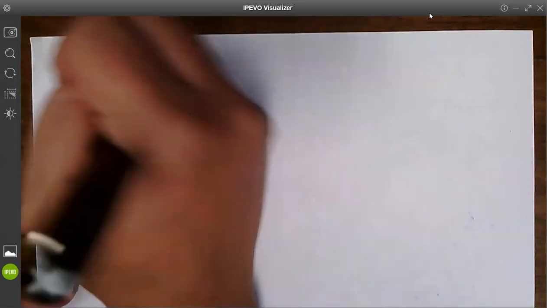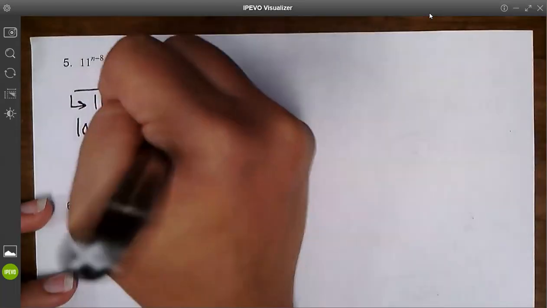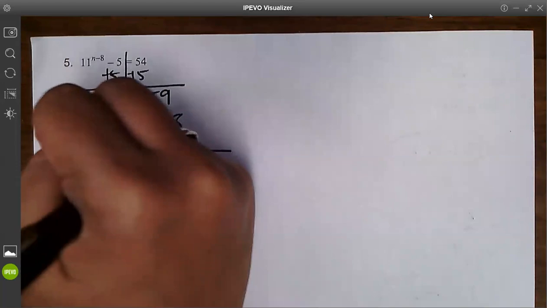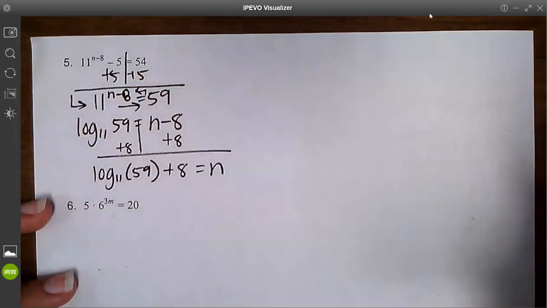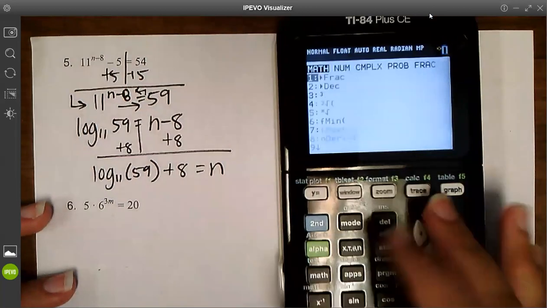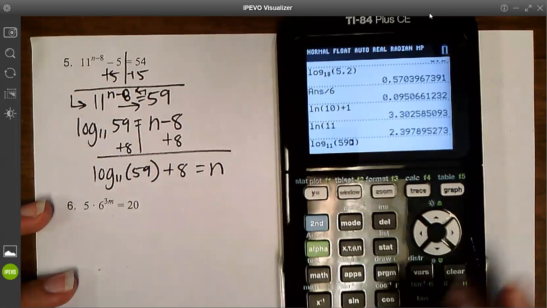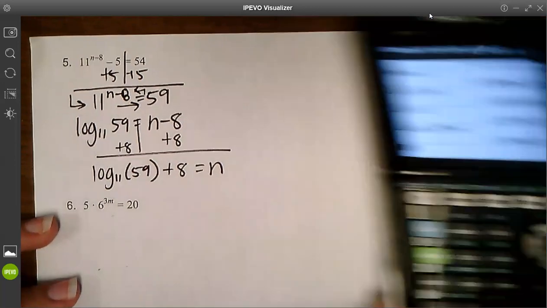Log base 11 of 59 equals n minus 8. Add my 8 to both sides. So I have log base 11 of 59 plus 8 equals n. Parentheses are huge here. Log base 11 of 59, outside of that, plus 8, 9.700.